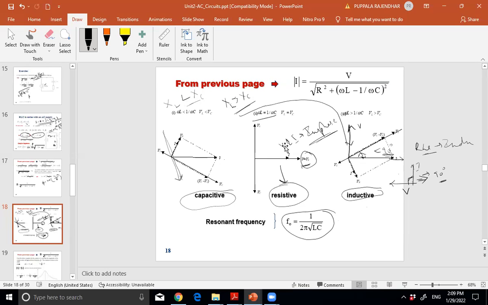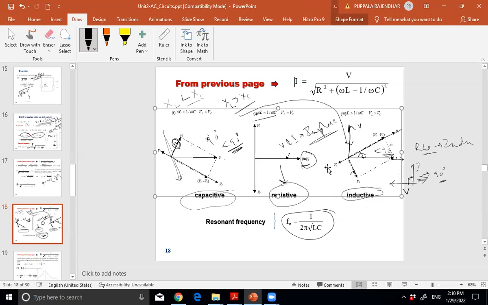Now, if the circuit is capacitive, the current is here, and it will be leading compared to voltage, but it's not exactly equal to 90, it will be less than 90. With this topic, AC fundamentals are completed.